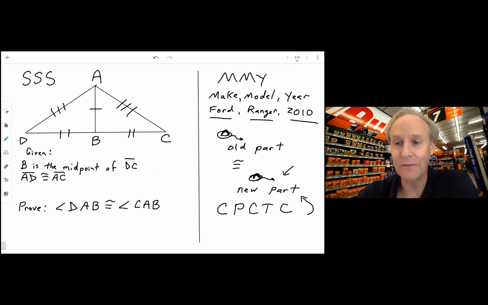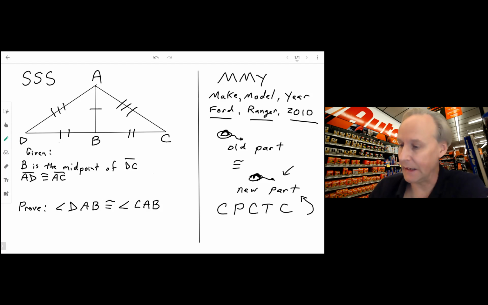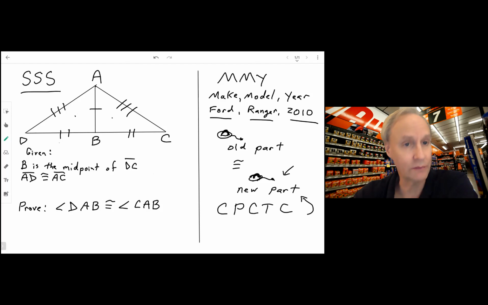Now, what I have is a triangle with three sides, AB, BD, and DA, that are the same as the other three sides on that other triangle. That means that by side, side, side, these two triangles, ABD and ABC, are congruent.